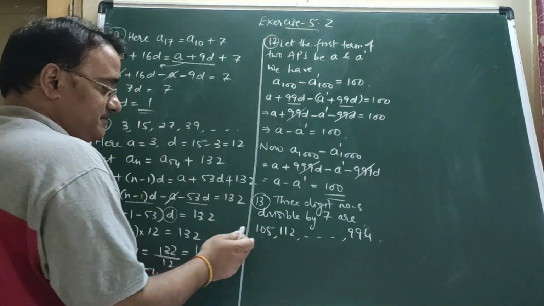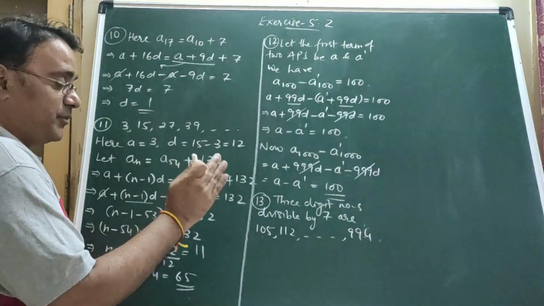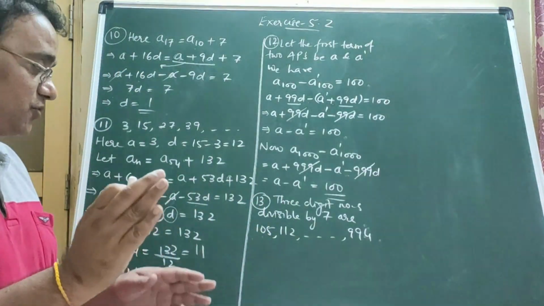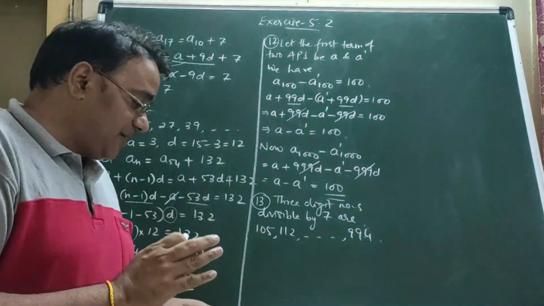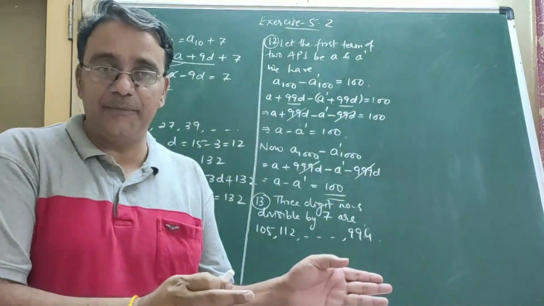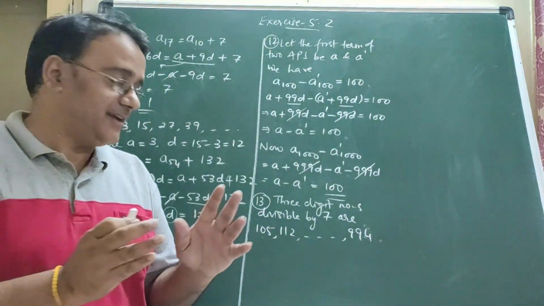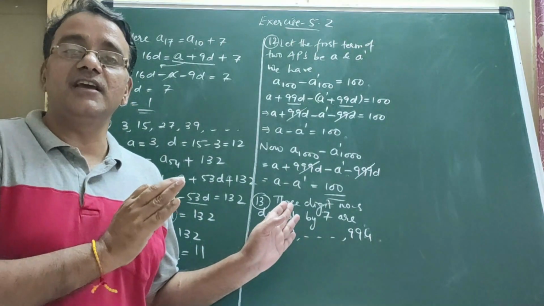105 is the first term, but before going to apply AP, now you have to keep in your mind that यहाँ पे क्वेश्चन में कुछ भी नहीं लिखा हुआ है कि AP है. सो हम लोग को पहले क्लेम करना पड़ेगा कि ये AP फॉर्म कर रहा है.